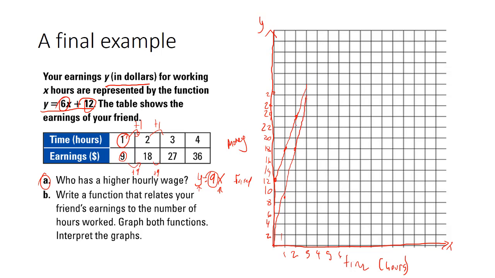And eventually he'll catch up to you. But because you get $12 just for coming into work, it takes him a little bit more time to earn as much money as you, but he gets paid more per hour. And if we wanted to, we could say, well, when does 6x plus 12 equal 9x? And we could figure out how long it takes him to catch up. And we would subtract 6x and subtract 6x and see 12 equals 3x, divide by 3, divide by 3, and when x equals 4, you will have earned the same amount of money.